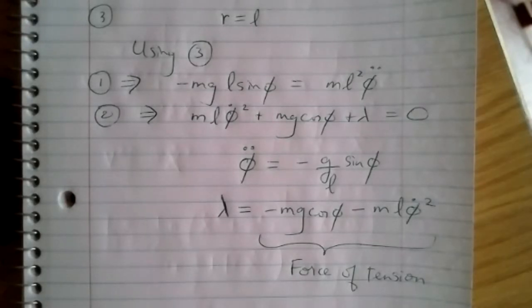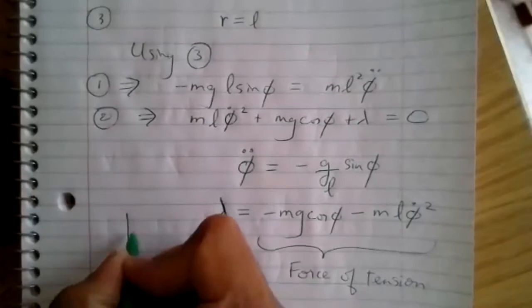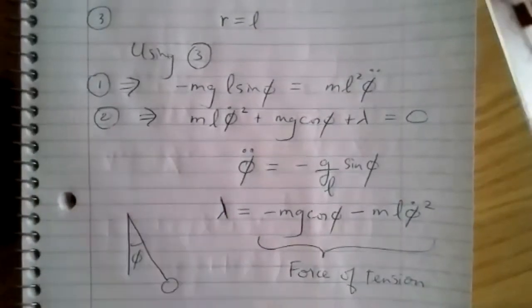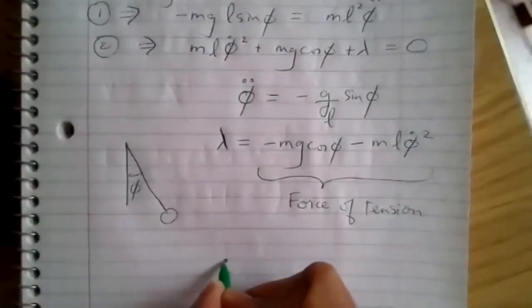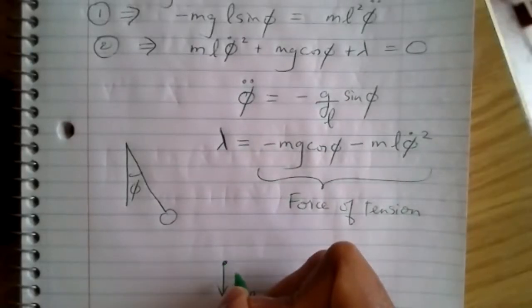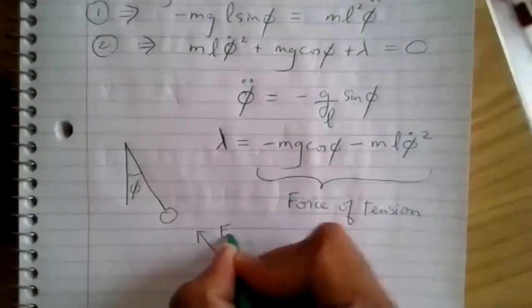Could you explain again why it's the force of tension? Could you make that more explicit? Sure. If I draw the diagram, so this is phi, and let me draw the free body diagram. The free body diagram will have mg down like this. It will have the force of tension like this.